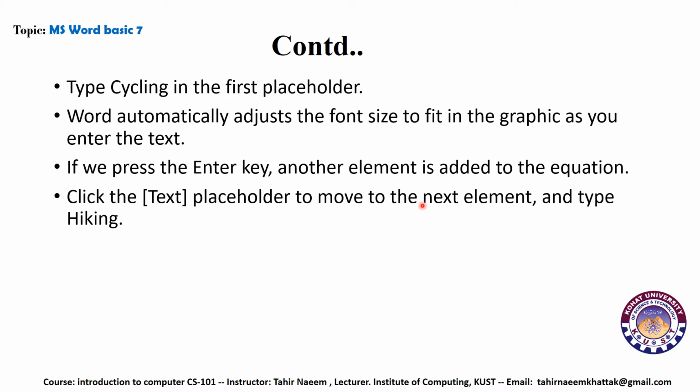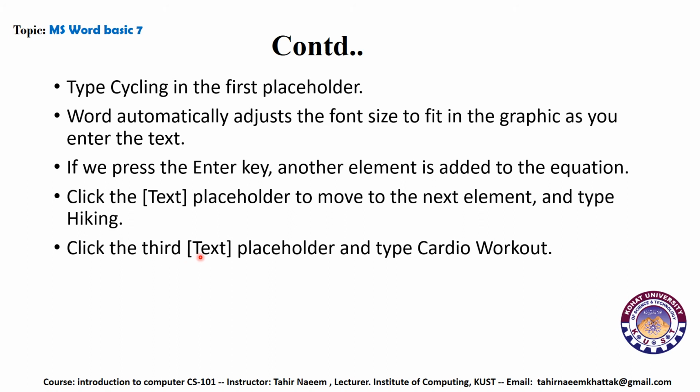Then I click on the third text and type "cardio workout". So now the first will contain cycling, the second hiking, and the third cardio workout.